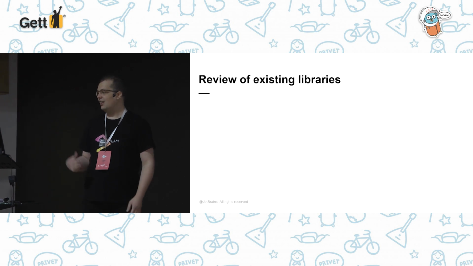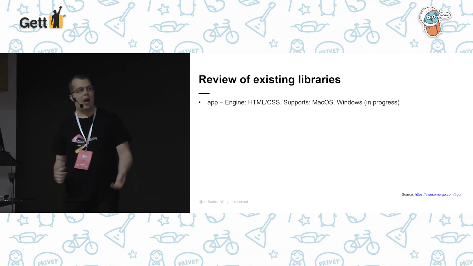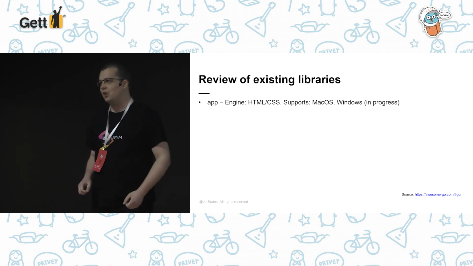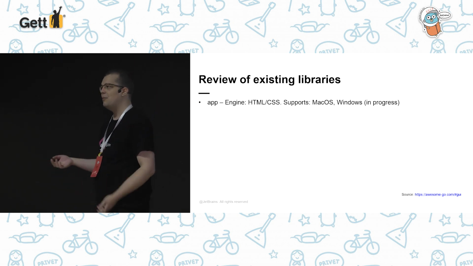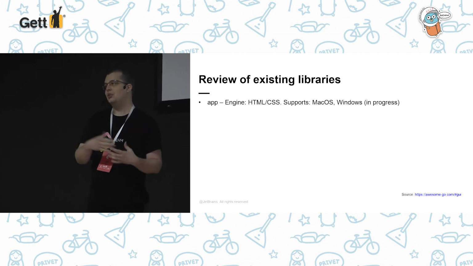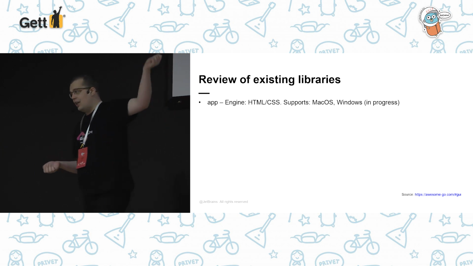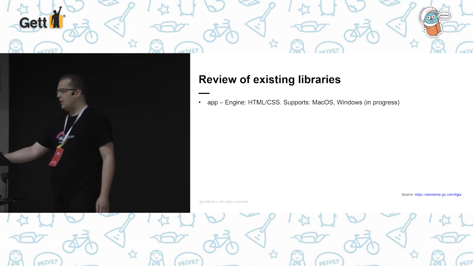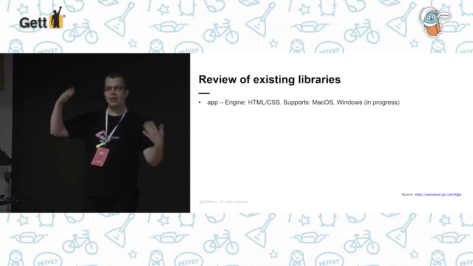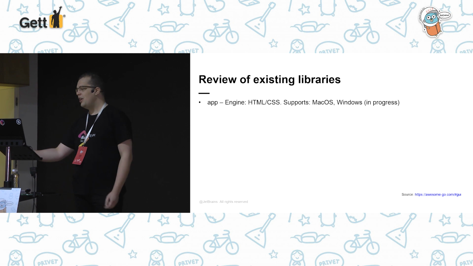Okay, so let's see a few of the existing libraries and what we have out there. I went to the Awesome Go page, which I highly recommend if you just start with Go and you want to discover some useful packages. I started looking at them. It's listed alphabetically, so not to be biased against someone.